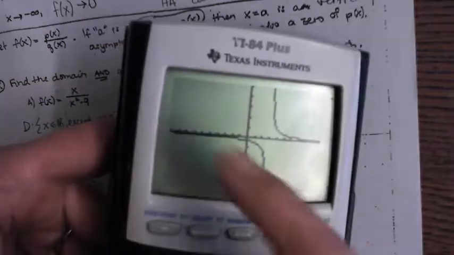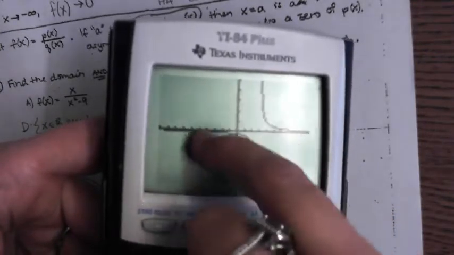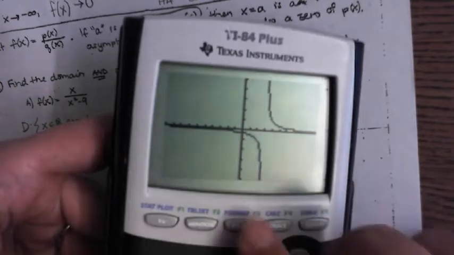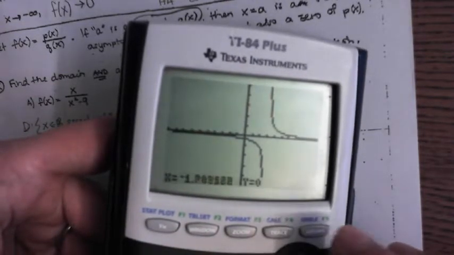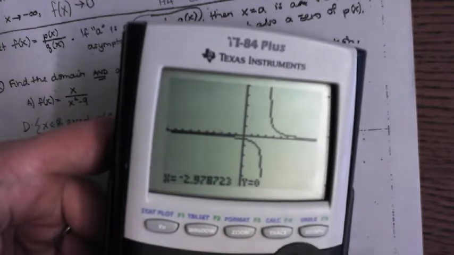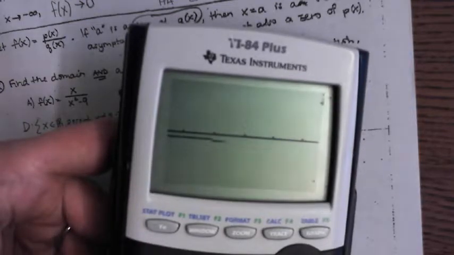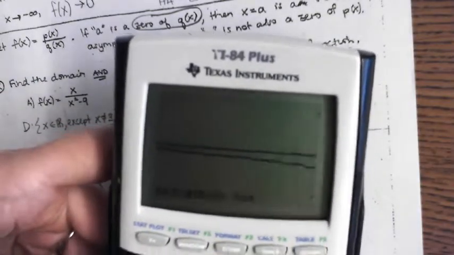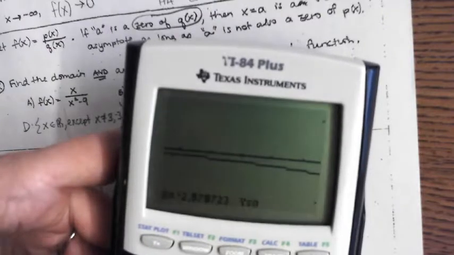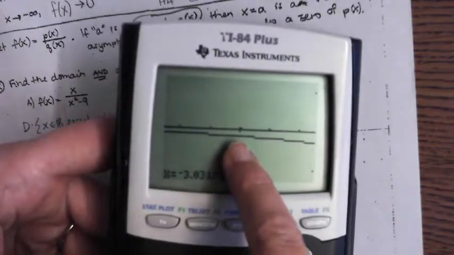Sometimes your calculator shows you the hole, but you really have to zoom in a lot. And still sometimes it doesn't. If I zoom in over to negative 3, over in here, it's going to highlight that part of the graph for me. Where's my cursor? Yeah, it would be right around there, and it just really doesn't show it.